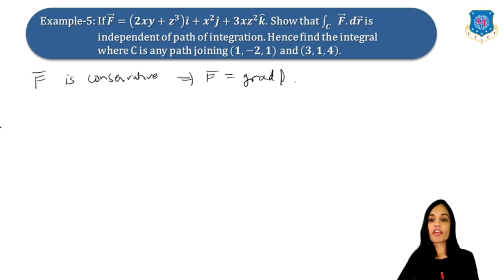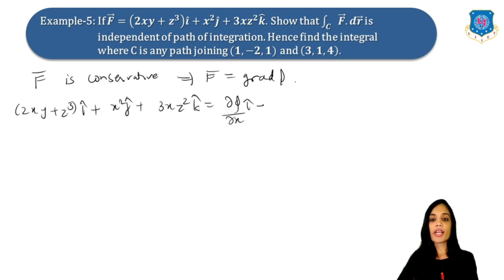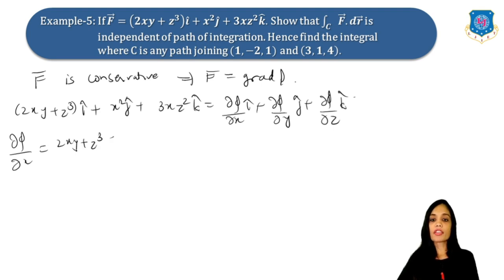So put the value of F bar: 2xy plus z cube i cap plus x square j cap plus 3xz square k cap is equal to del phi by del x i cap plus del phi by del y j cap plus del phi by del z k cap. So from this we can say that del phi by del x is 2xy plus z cube, del phi by del y is x square, and del phi by del z is 3xz square.